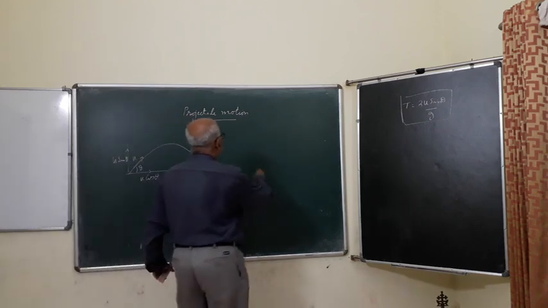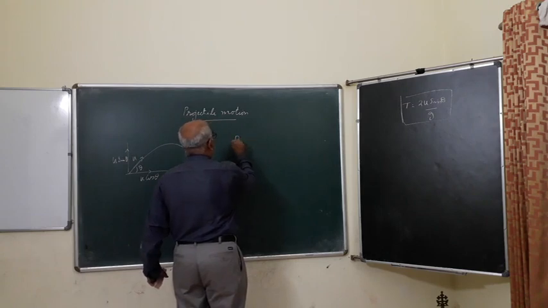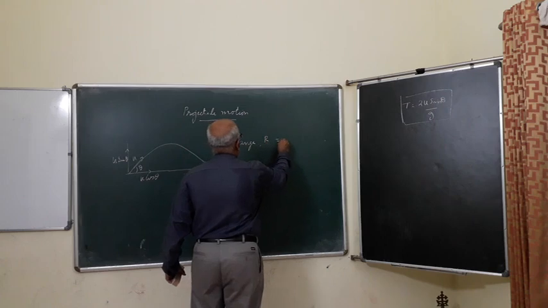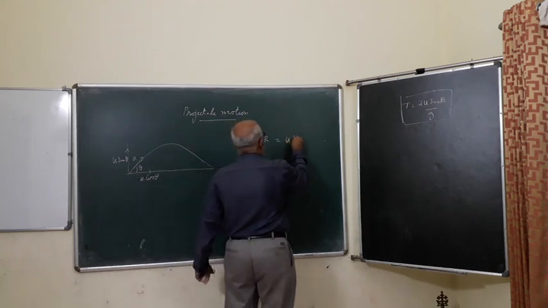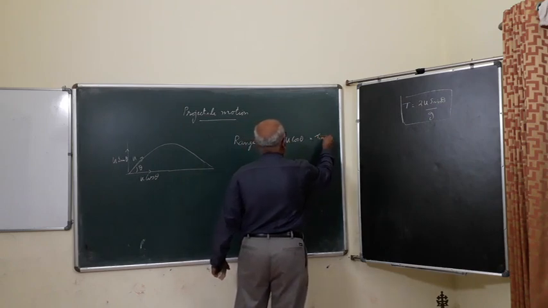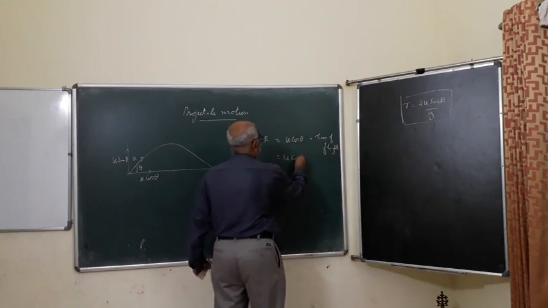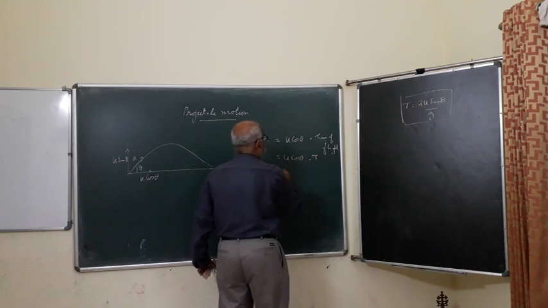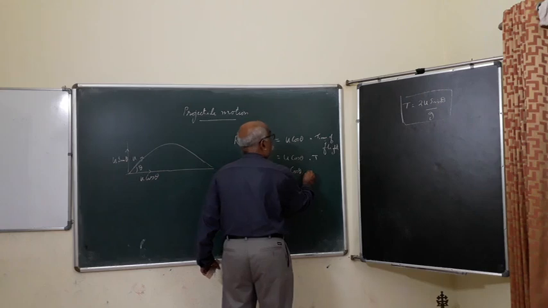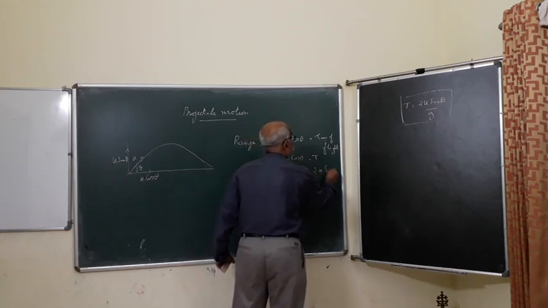Therefore, the horizontal distance traveled, range R, is equal to u cos theta multiplied by time of flight. That is u cos theta multiplied by t. Substituting for t, u cos theta times 2u sin theta over g.